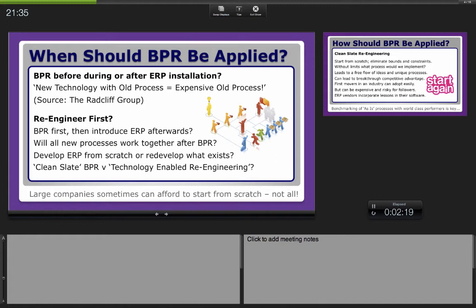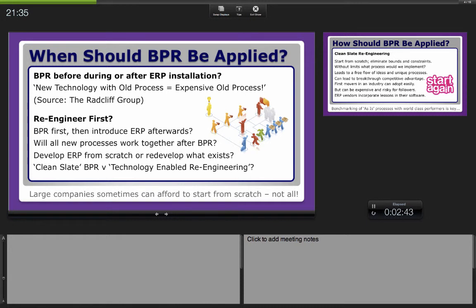Well, that sounds fairly obvious that you would do that, but the problem is you may then not benefit from the best practice that ERP software vendors have generated over a period of some 50-60 years, and so it's a question of what is right for the particular case you're looking at.